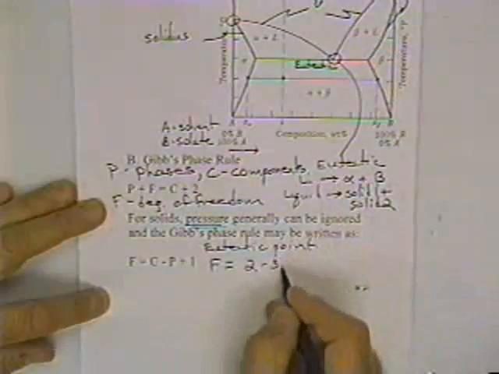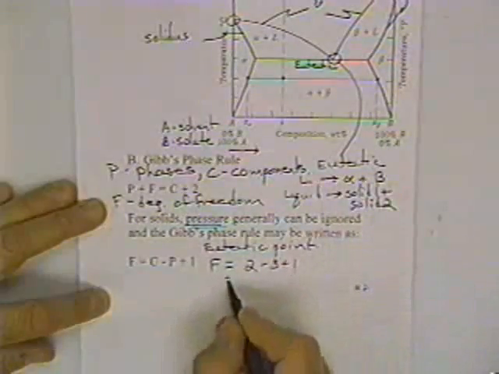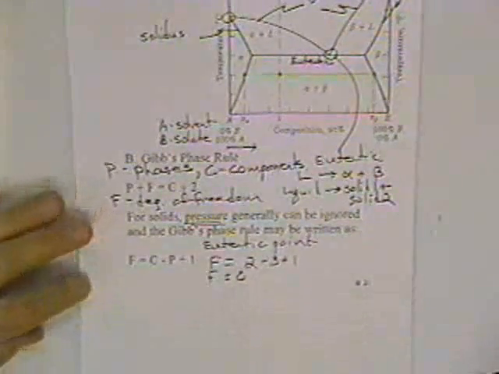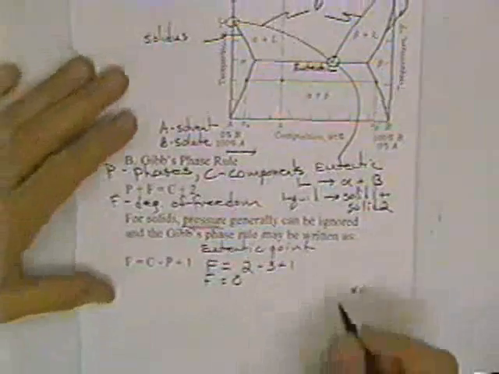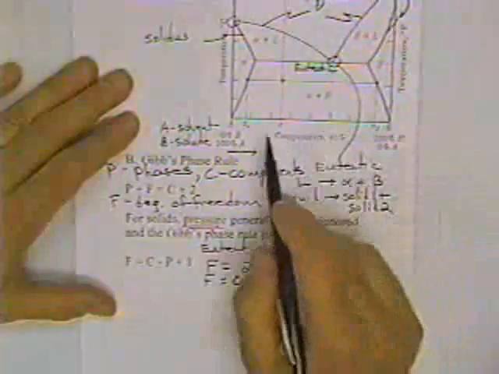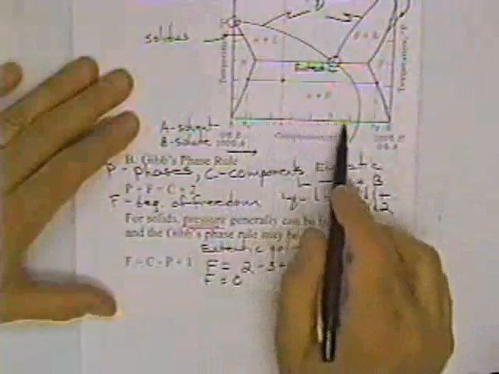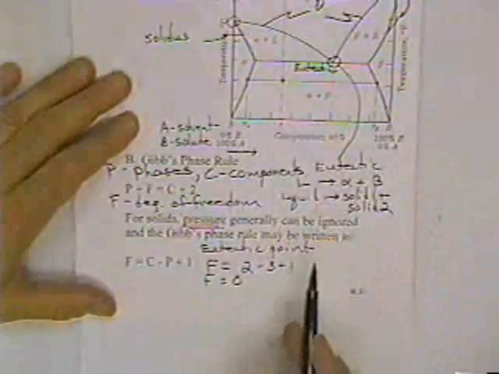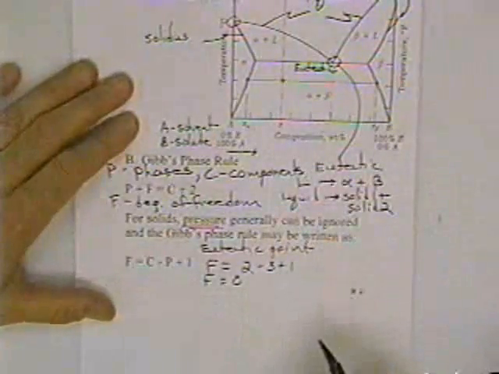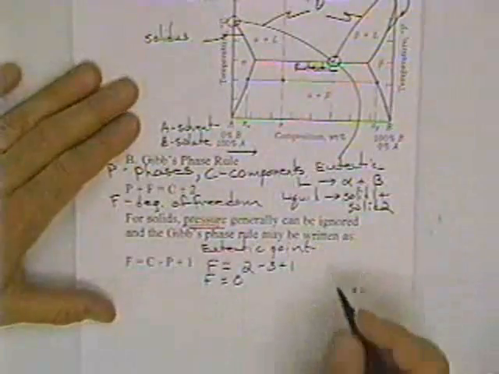Minus 3 phases plus 1. That says that the degrees of freedom are equal to 0. Well, what does that mean? The eutectic point is at a composition of, looks like it's at 5A, so about 60% there.